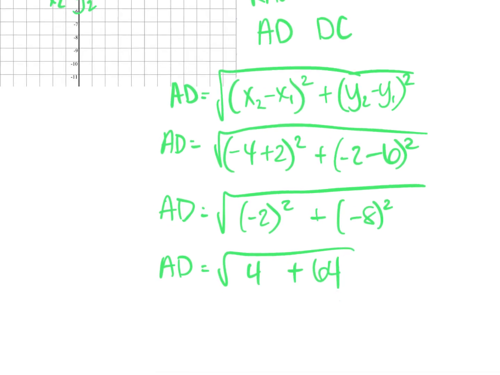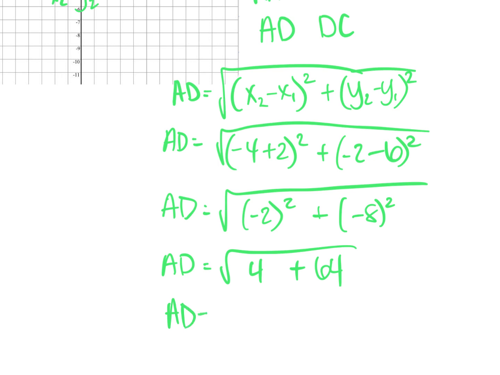What's 4 plus 64? AD equals the square root of 68. Do you know what the square root of 68 is? I don't either. Just leave it. Don't even simplify it. Because all we need to prove is that the other side is going to be what? The square root of 68.